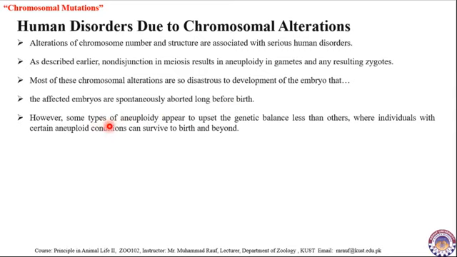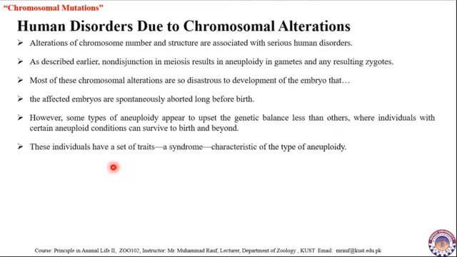However, some types of aneuploidy appear to upset the genetic balance less than others. It means there are a few cases where, although there is a genetic imbalance, a loss or gain of a chromosome, still the individual somehow makes it till birth and beyond.